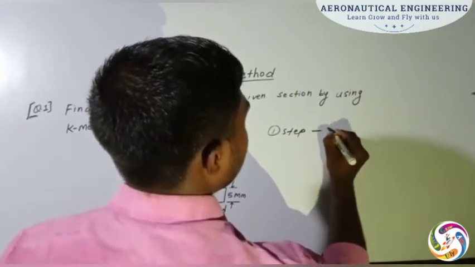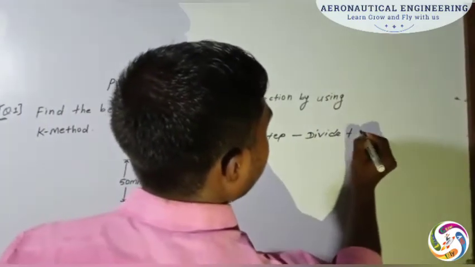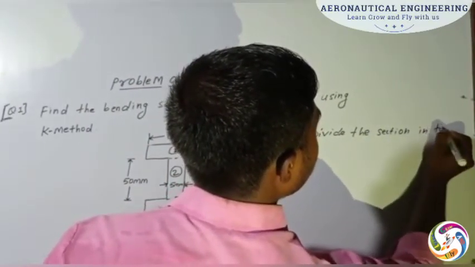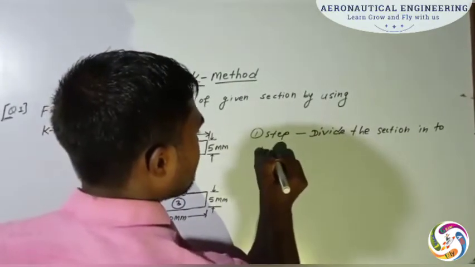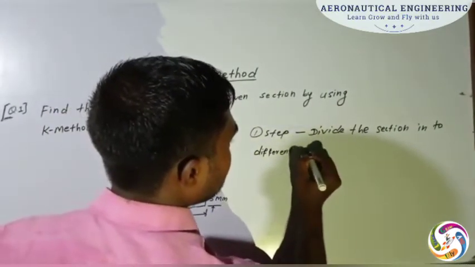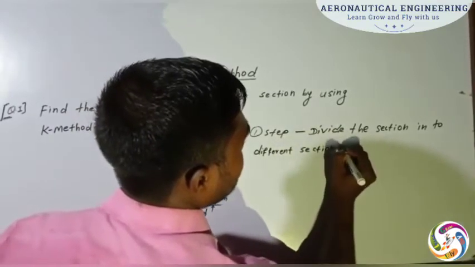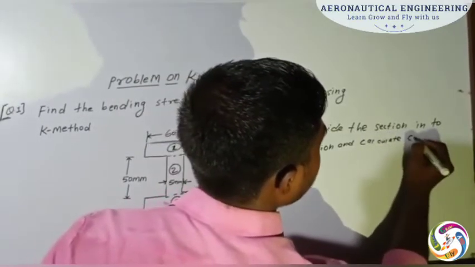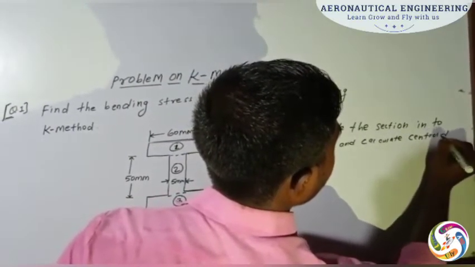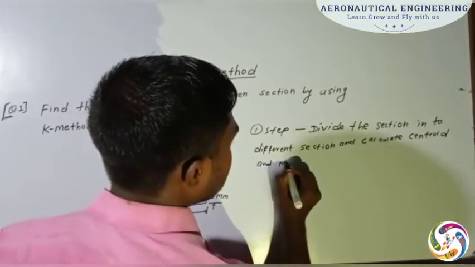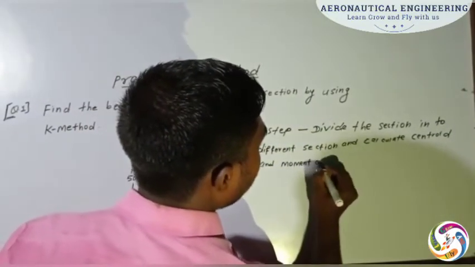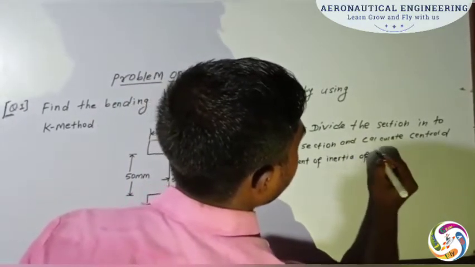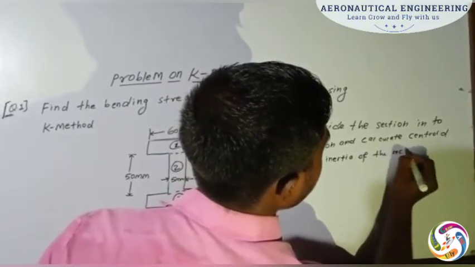So first step: divide the section into different sections and calculate the centroid and moment of inertia of the section.